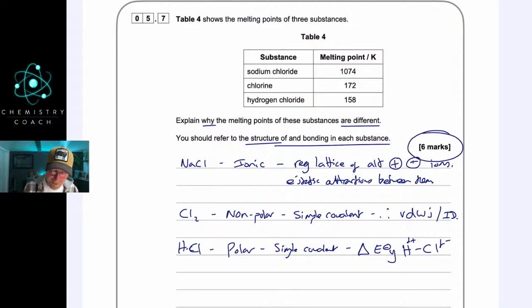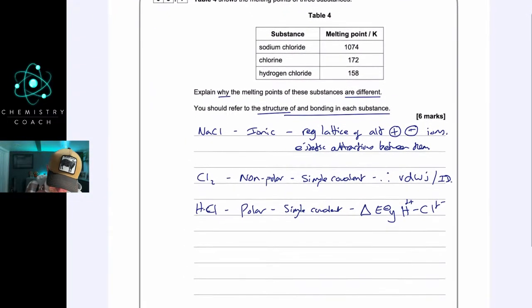Now, of these 6 marks, ladies and gentlemen, you've probably got already in the bag about 4 of them. So obviously what we need to do here is now look at the relative melting and boiling points.